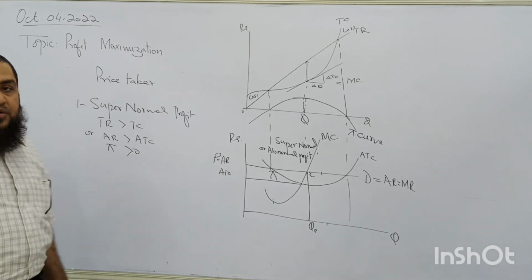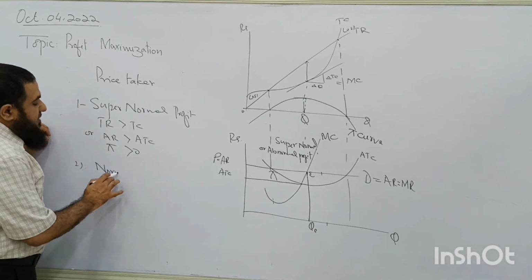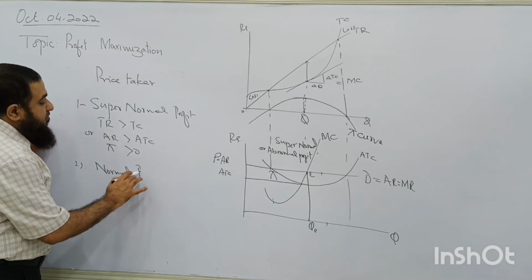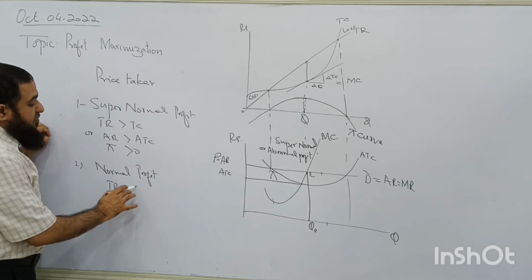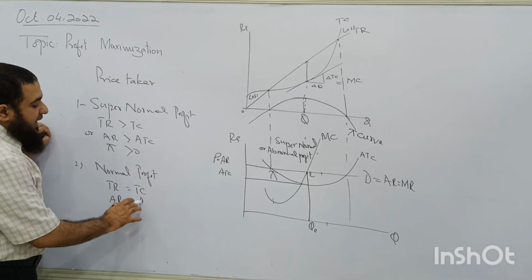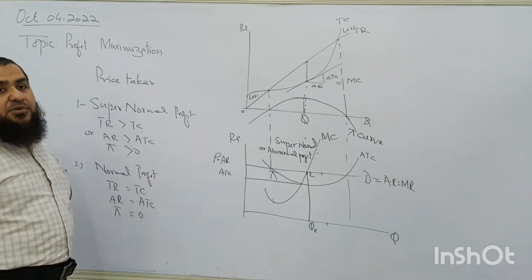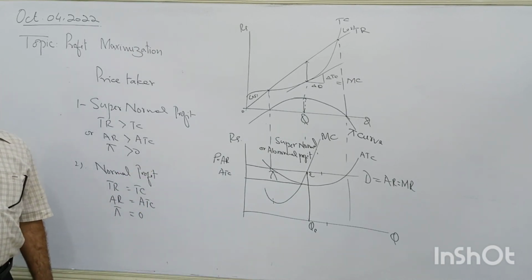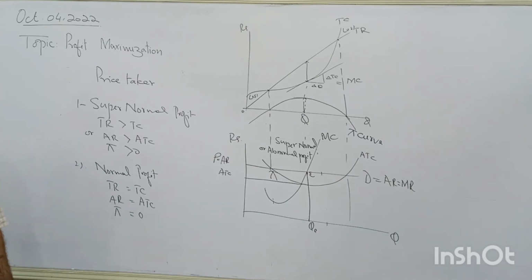Now the second type of profit is normal profit. What is it? That is when total revenue is equal to total cost, or average revenue equals average total cost. Therefore profit is zero. This is called normal profit. When nothing is left over with the firm after paying all factors of production, including the entrepreneur.